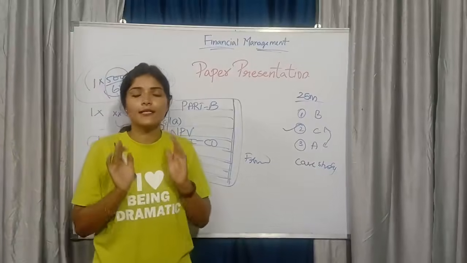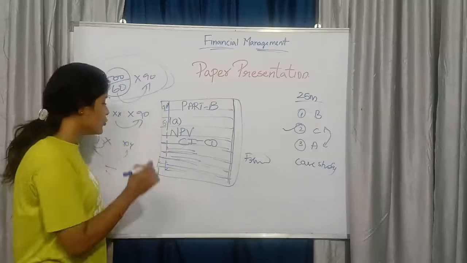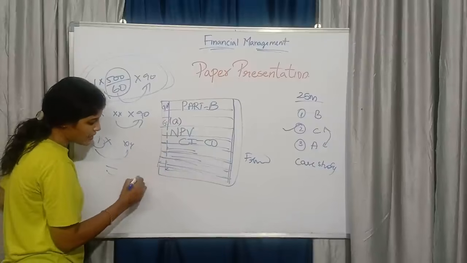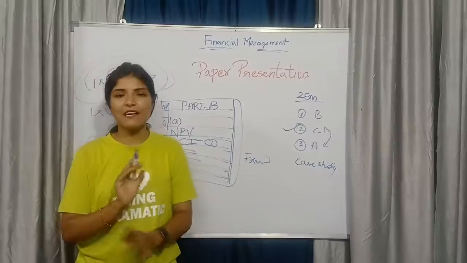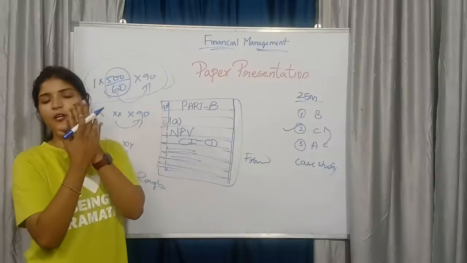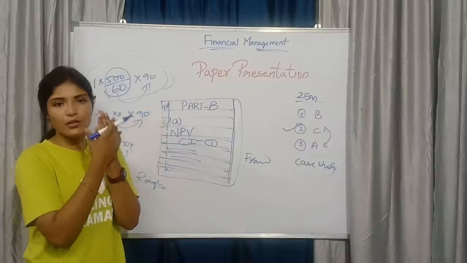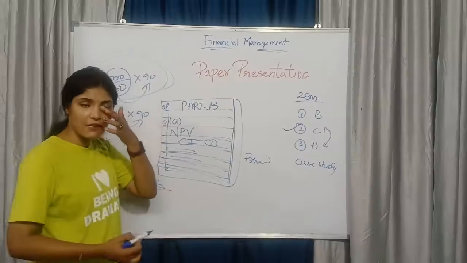You should not directly write your answer in the booklet. Use the last page of your booklet for rough work. Don't do any rough work in your question paper. The last side of your page will be empty, no? On that last page, keep the heading rough and do all the calculation rough work you want.